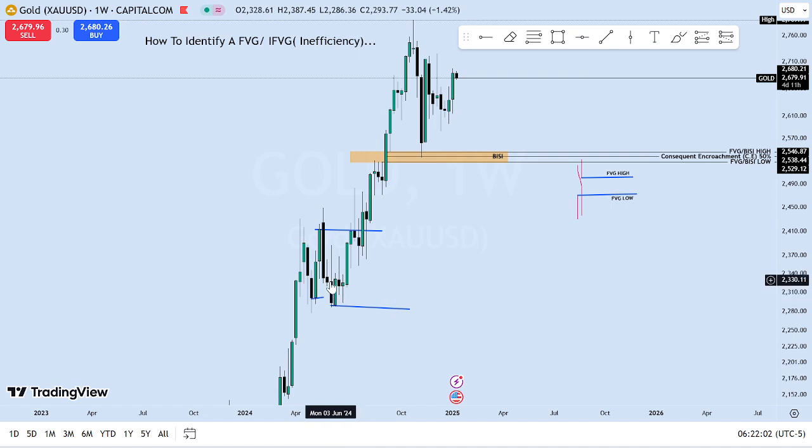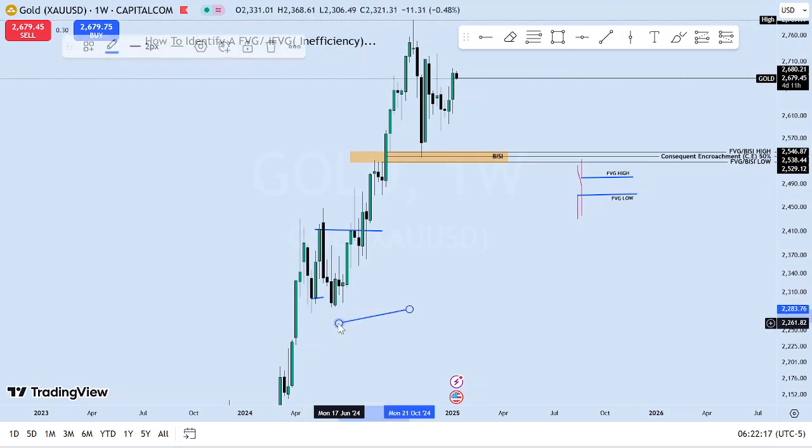This here is acting as an order block. That's how you identify an order block. You can see the bullish candle close above it. This is where it opened. Then it closed here. Bullish candle open here and close above the opening of the bearish candle, which is acting as an order block.